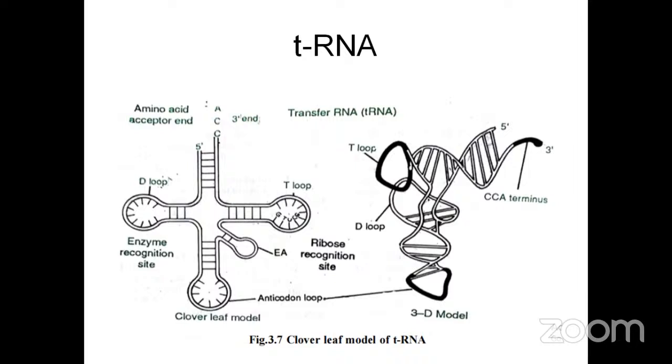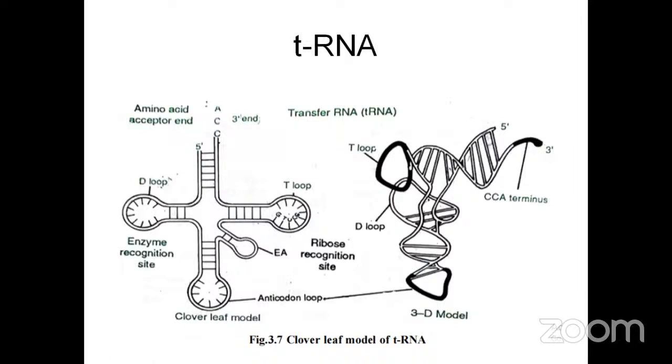The loop opposite to the CCA shows unpaired bases, which constitute the anticodon.